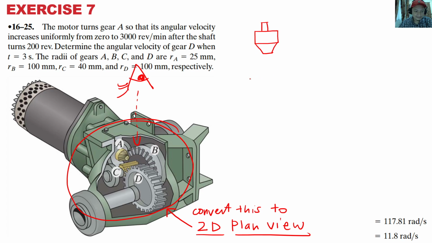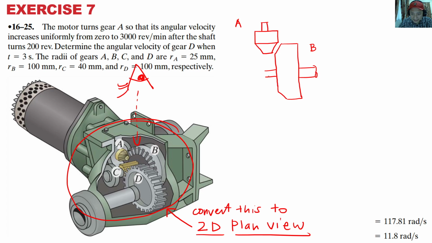This is A. This one is connected to this one, B. What is this? This is B.